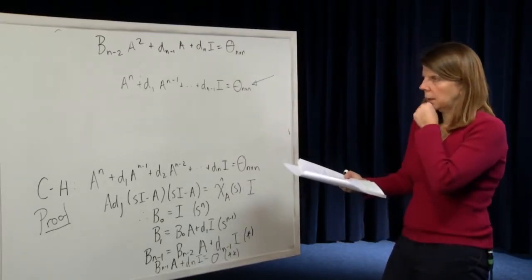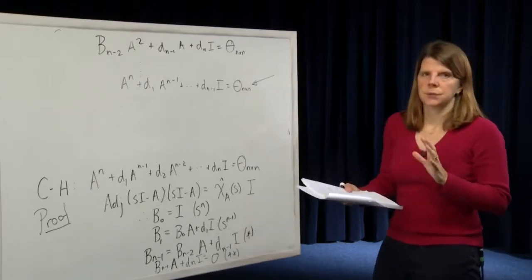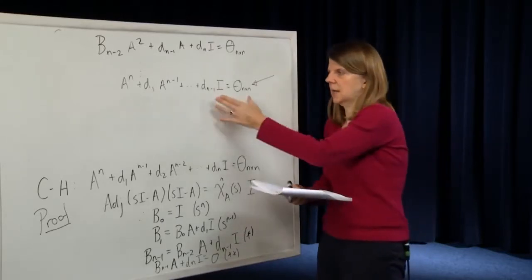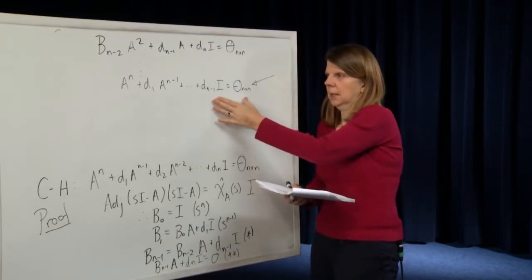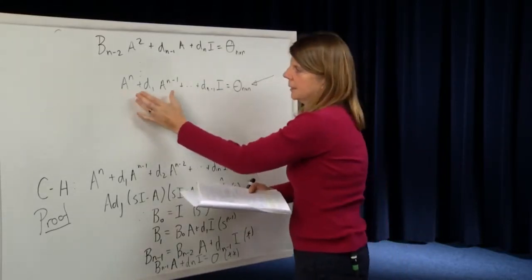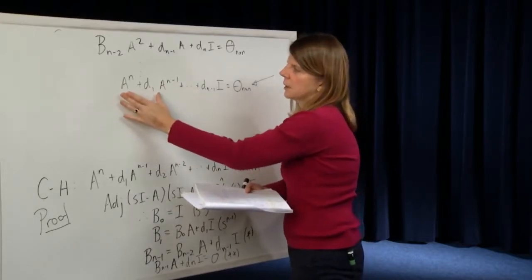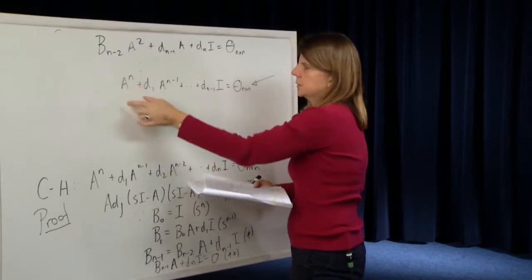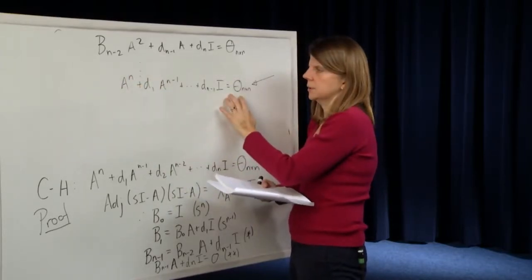Okay, so why is this useful? Cayley-Hamilton is a very, very important theorem. It tells us that every matrix satisfies its characteristic polynomial. Given that, this expression always equates to 0.